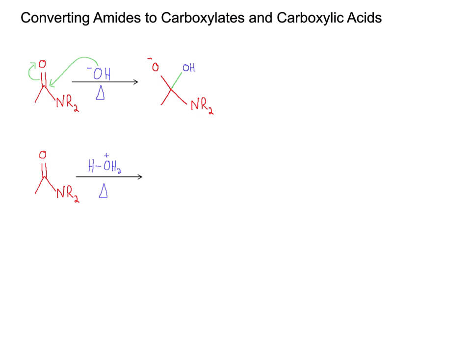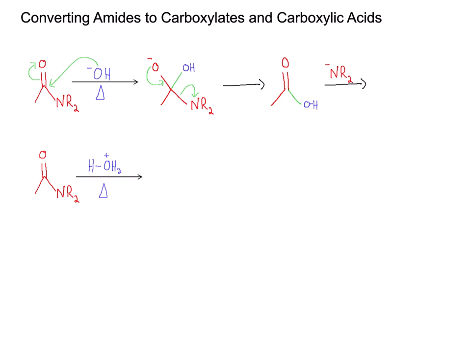That very low probability is why this reaction is so slow. So we're actually going to show us kicking off the NR2. That's going to give us a carboxylic acid and an NR2 negative. Now you may be wondering, can't that NR2 just go back and attack that electrophilic carbonyl carbon? And of course, the answer is no, because a carboxylic acid is an acid.